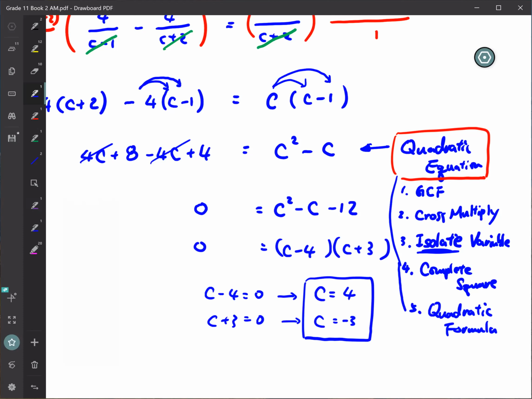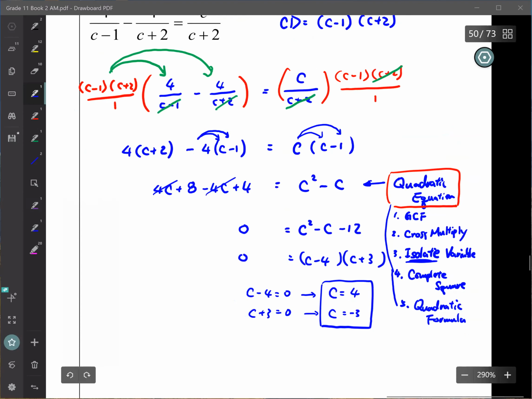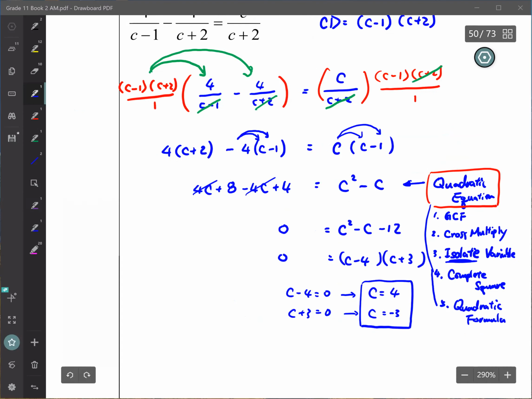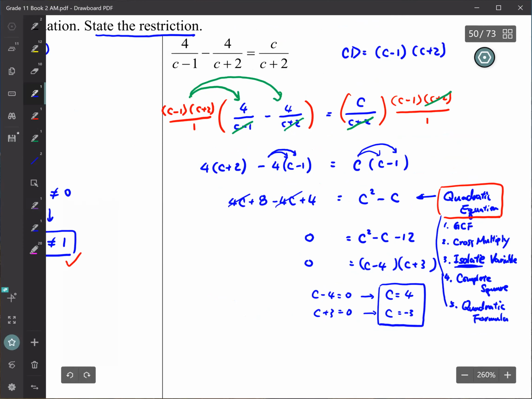Okay, are we done? Aaron, are we finished? No. What else do we need to do? We need to find the things that cannot be. Yeah, so we call that the restrictions, okay?